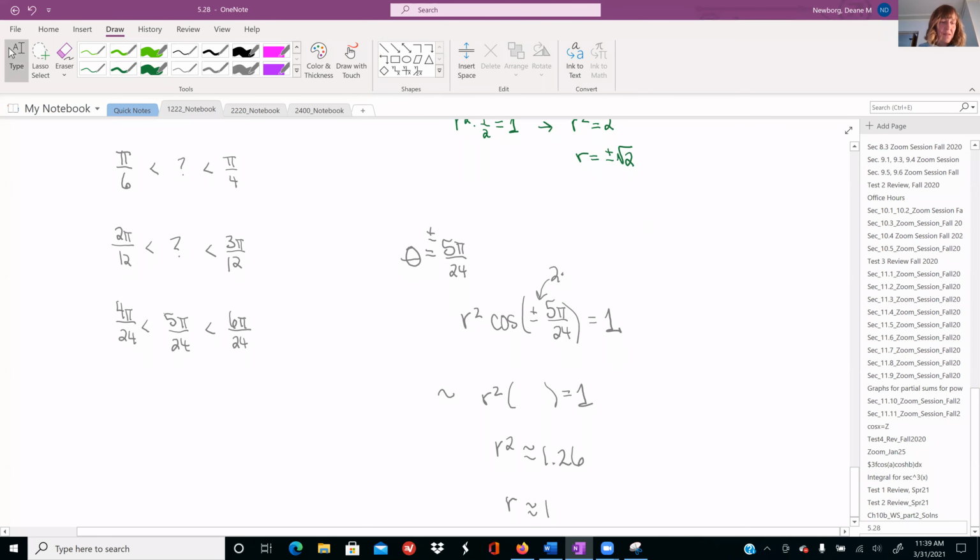Okay, so now, yeah, this changes things a lot. My calculator is dying here. So I get 0.2588 about. And then I divide both sides by that. And I get about 3.8637.